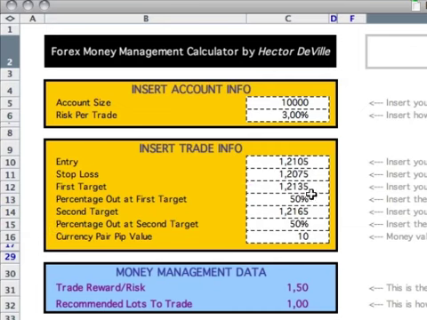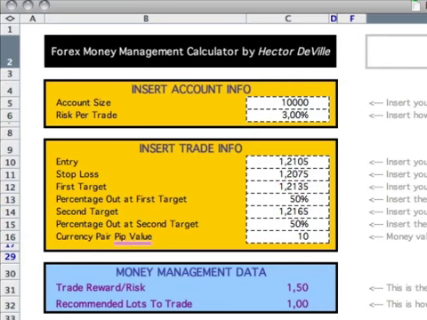So the Excel sheet will calculate, as per this information, your reward out of this trade. The sheet calculates the risk down here in pips, meaning the difference between your entry and your stop loss, and using this information here, it will calculate the reward. Now, also we have to take into consideration the currency pair pip value.